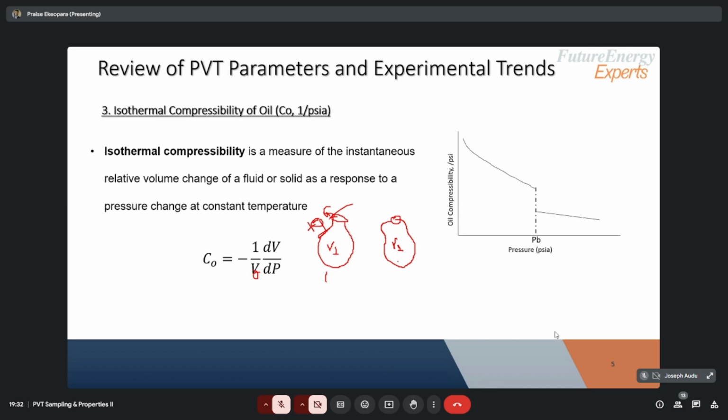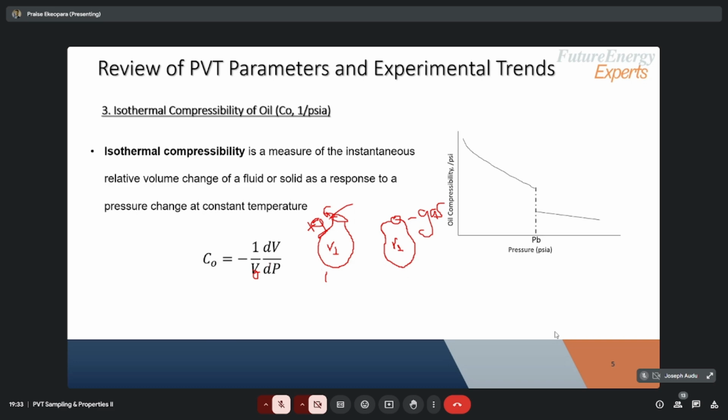Something has left it. So what helps us calculate the volume change from this point where we have the gases to here where we have minus gas, right? We have removed the gases. What helps us in estimating that is our compressibility. Because we are interested in oil, we now have it as CO, which is the oil compressibility.